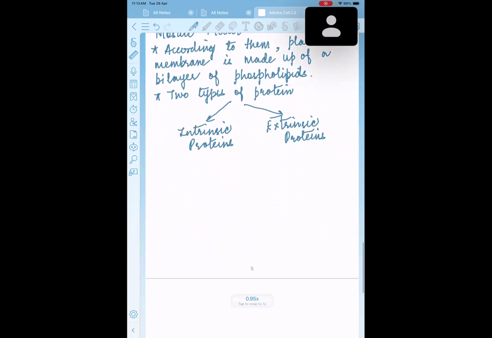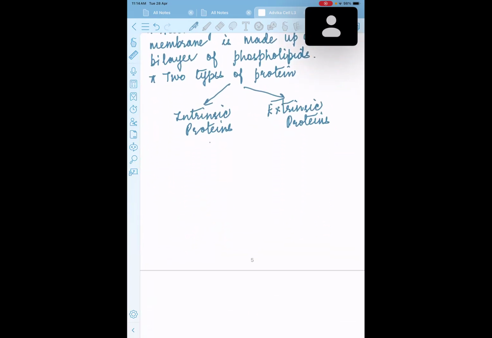Now here, intrinsic means which completely span the membrane, floated about in the fluid of the phospholipid.